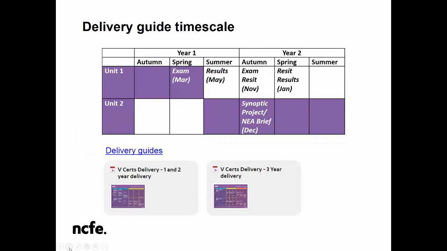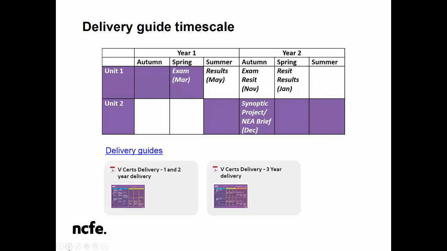So on this slide you can see a suggested delivery guide. The VCERTs have been designed to be delivered over 1, 2 or 3 years depending on what is best for your circumstances, but this model shows a 2-year delivery, and you can see that it has been designed for Unit 1, the external assessment, to be delivered and sat by learners first, with a resit opportunity if needed in the following session or academic year.